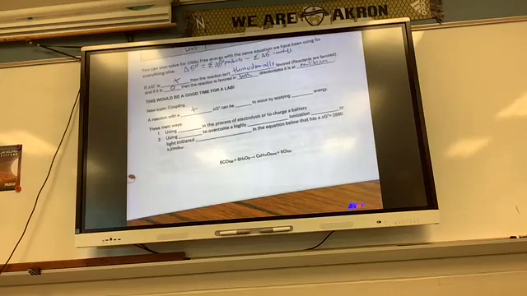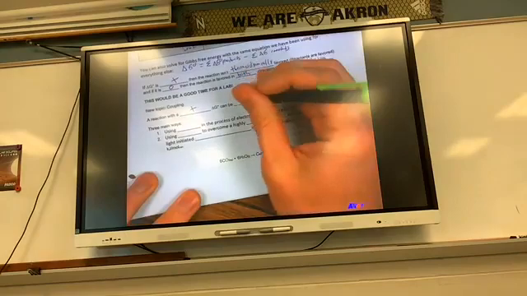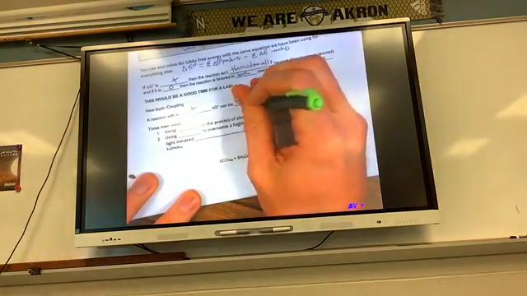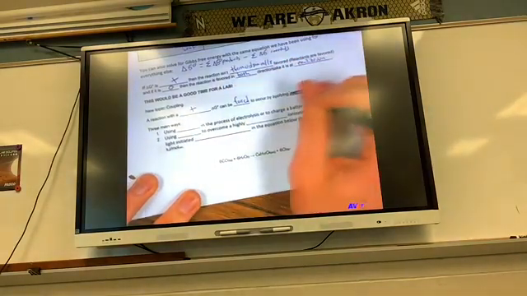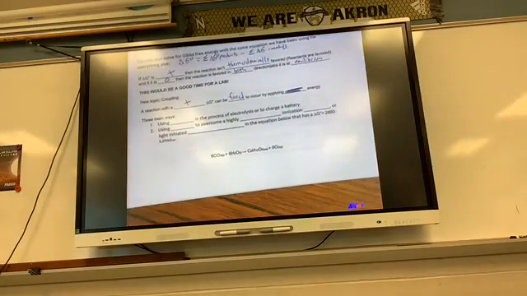A positive delta G, is that favored or not favored? Probably not favored. Positive delta G means it's not spontaneous. Can be forced to occur by applying energy.